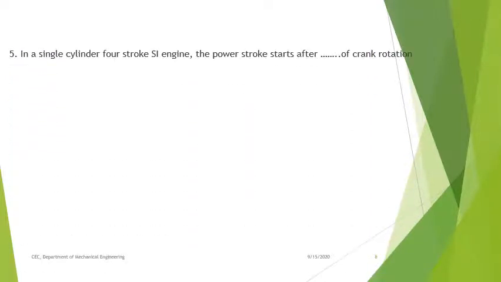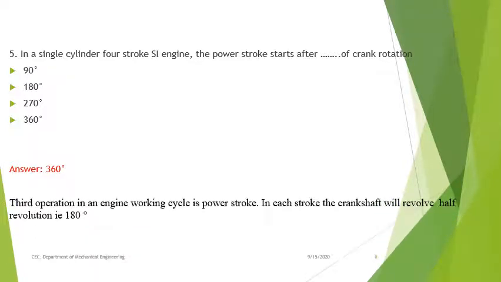In a single cylinder 4-stroke SI engine, the power stroke starts after dash of crankshaft rotation. 90 degree, 180 degree, 270 degree, 360 degree. The answer is 360 degree, because the third operation in an engine working cycle is the power stroke.